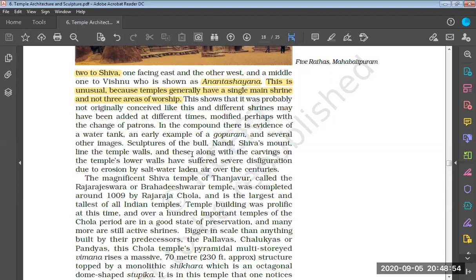In the compound there is evidence of a water tank, an early example of a gopuram, and several other images. Sculptures of the bull Nandi, Shiva's mount, line the temple wall, and these along with the carvings on the temple's lower wall have suffered severe disfiguration due to erosion by salt water laden air over the centuries.